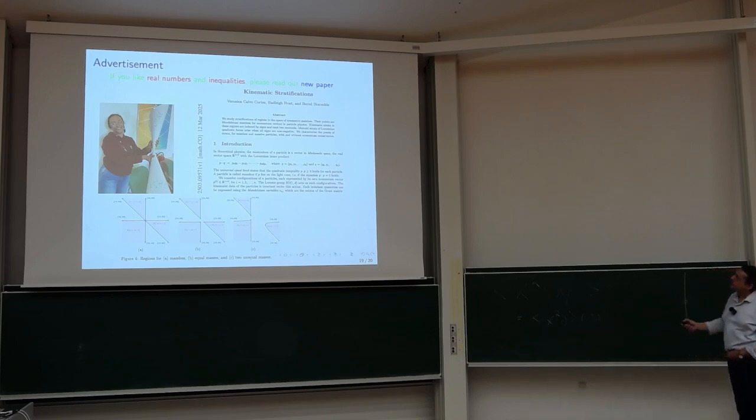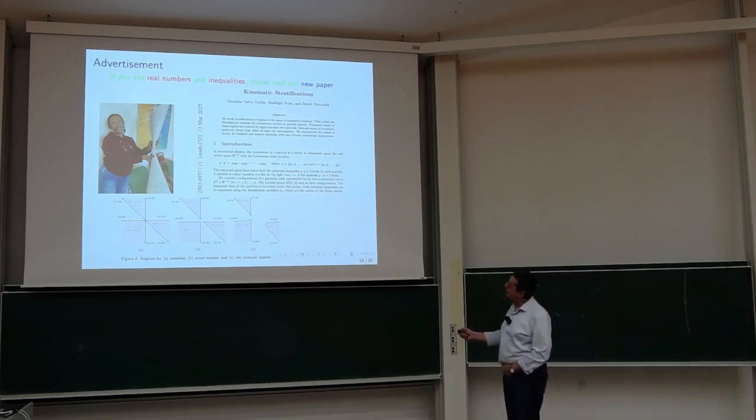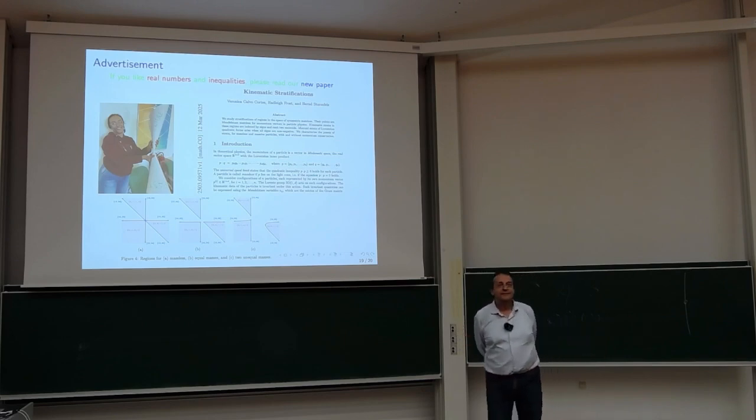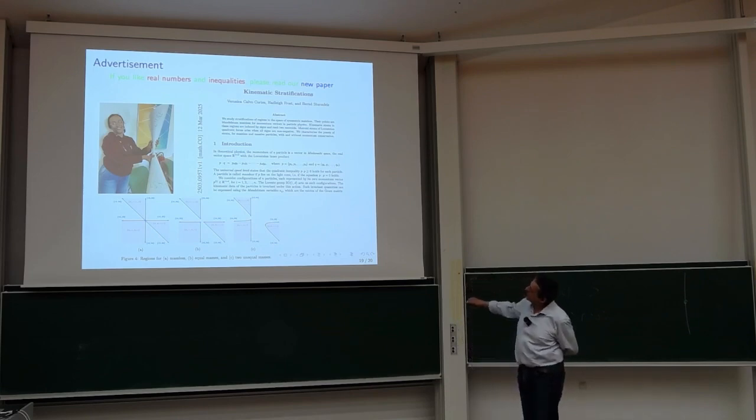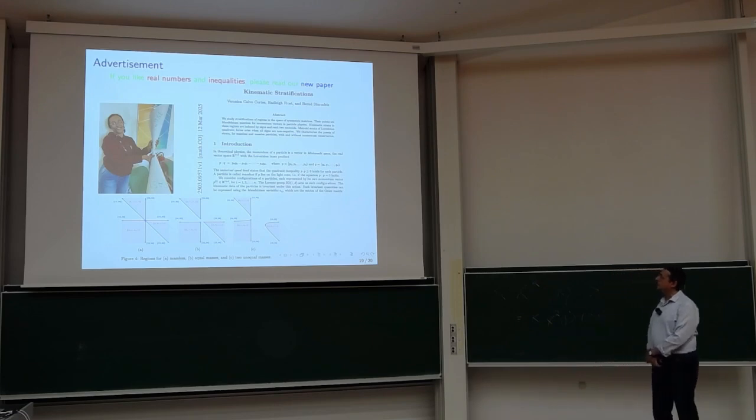We studied something called kinematic stratifications. Here we had fun building the light cone, right? There's the future, there's the past. You have to stay inside. That's also called causality. In the scattering process, some particles come in from the past, and then something happens in the future. So this is about inequalities.